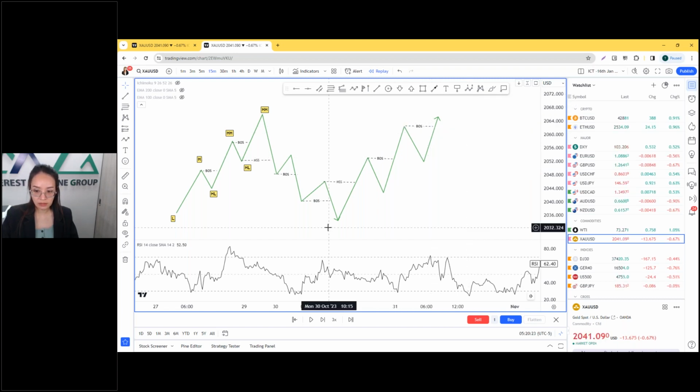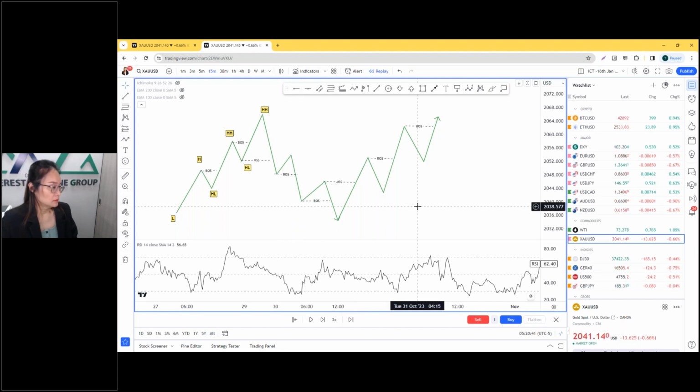They create a low, high, higher low, higher high, higher low, higher high, higher low. And in a downtrend: high, lower high, lower low, lower low, lower high, lower low. If that's clear, guys.